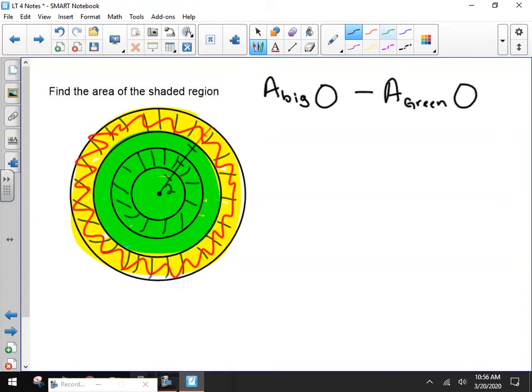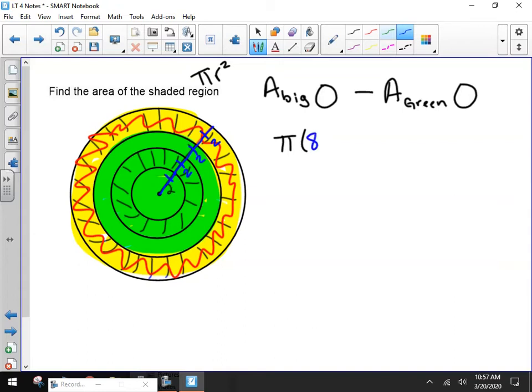So for the big circle, I'm going to have pi in the radius. Now, right here, it said from here to here is 2, and then they're all equal with each other. They all have tick marks. Okay, so each piece here is 2. So the radius of the big circle is 8. And I'm going to square it, and then subtract pi times the radius of the green circle.